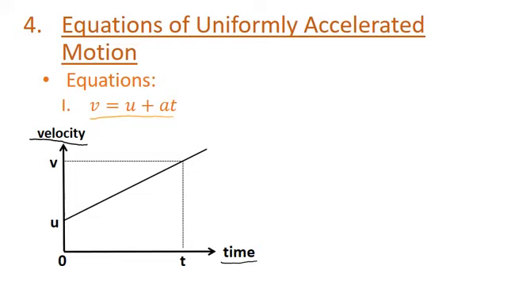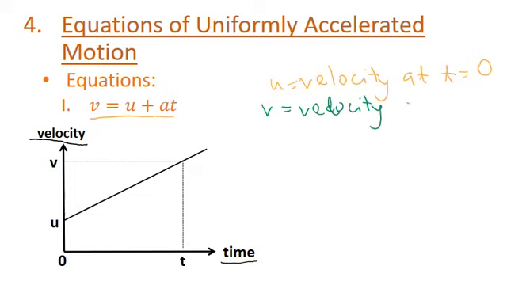So u actually refers to the velocity at t equals 0, and v represents the velocity at time t.